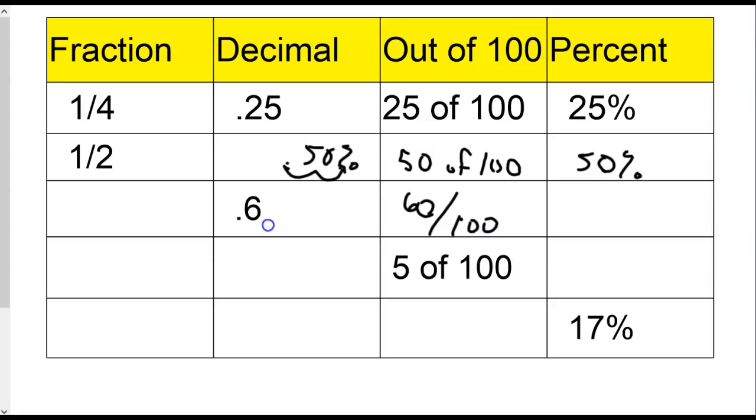And then if we do that, now we have a division problem, and we can say that this is 60 divided by 100.